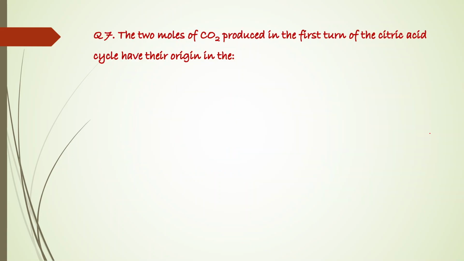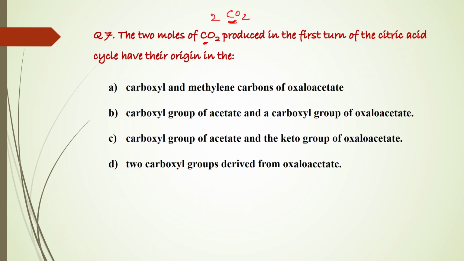In the first turn of the citric acid cycle, where are these carbon atoms coming from in the TCA cycle? That is basically the question.